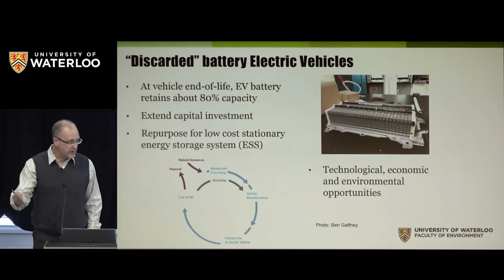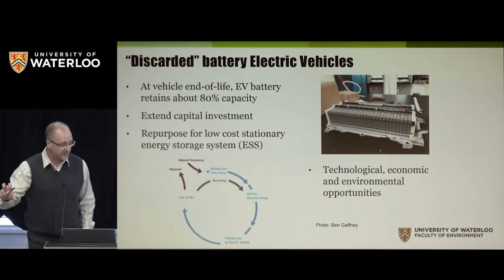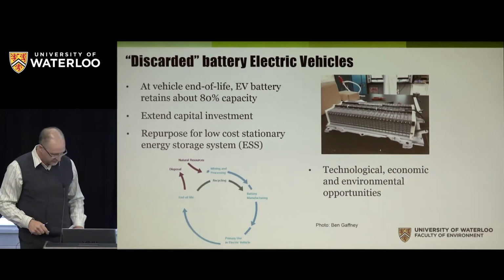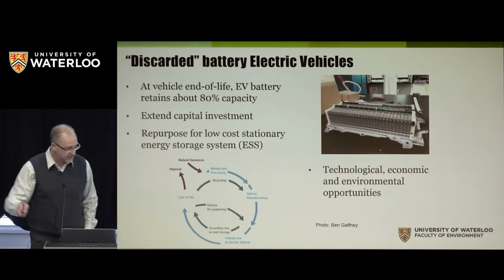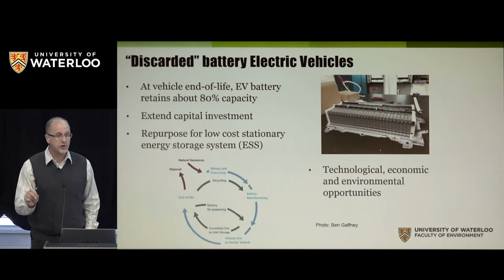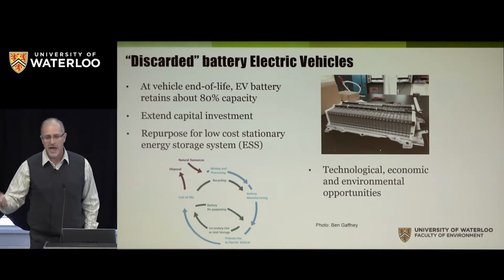So we said, can we repurpose that capital investment into a stationary application and give it another life cycle, which is actually a longer duration than a vehicle which might last 8 or 10 years? We could put it into a stationary application for 12 or 15 years as backup power or power shifting. What we found is that technologically, economically, and environmentally, this was a pretty good idea.